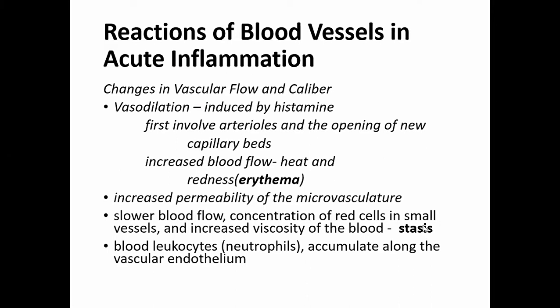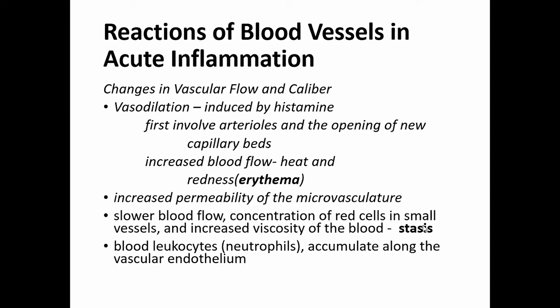So vasodilation is quickly followed by increased permeability of the microvasculature with the outpouring of protein-rich fluid into the extravascular tissues, and this process is described later. The loss of fluid and increased vessel diameter lead to slower blood flow, a concentration of the red cells in the small vessels, and increased viscosity of the blood, so nagiging malapot ang dugo.